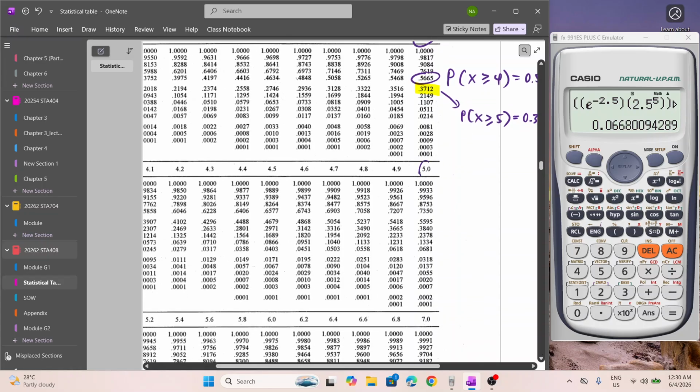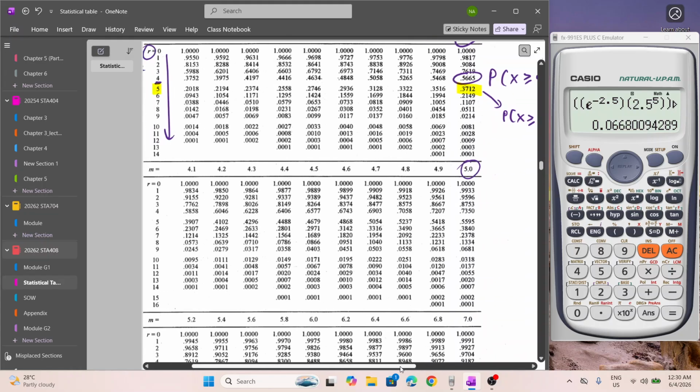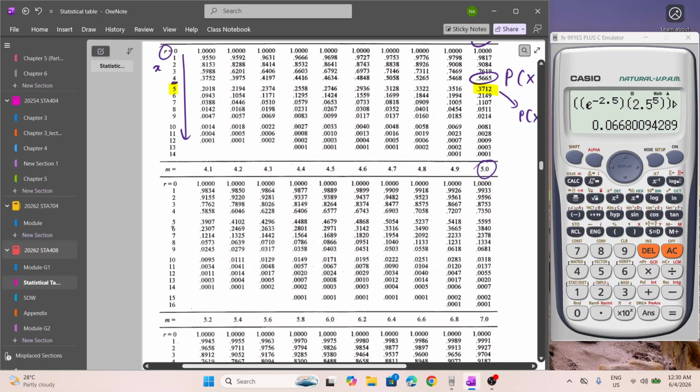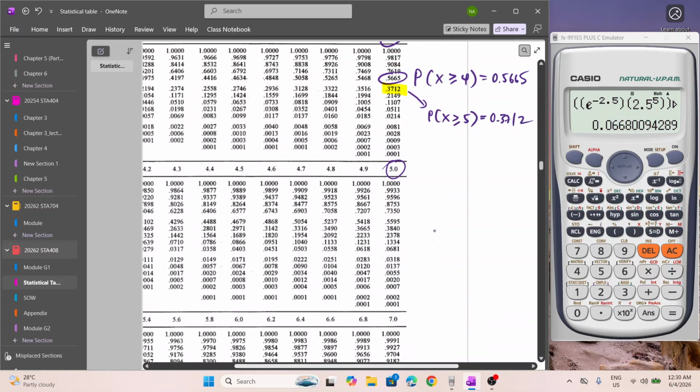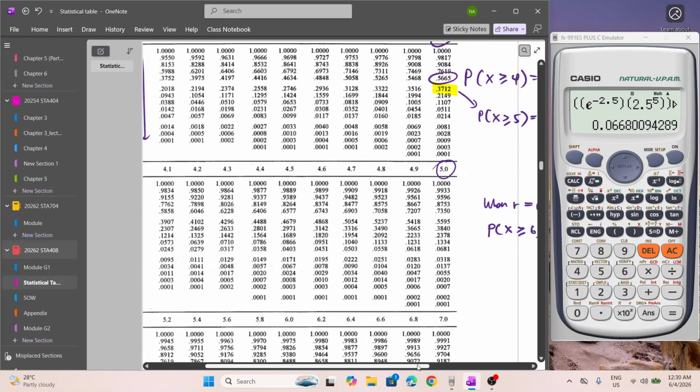Now let's go to the statistical table. Our lambda is now 5, and we want to find when r is equal to 6, or when X is greater than or equal to 6. When r in the statistical table is equal to 6, it also means the value is for the probability of X greater than or equal to 6.